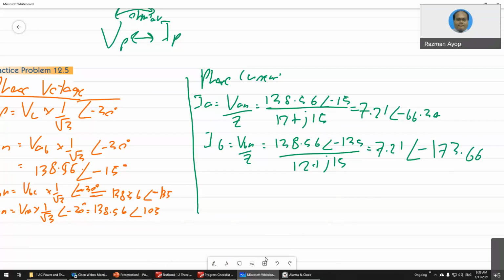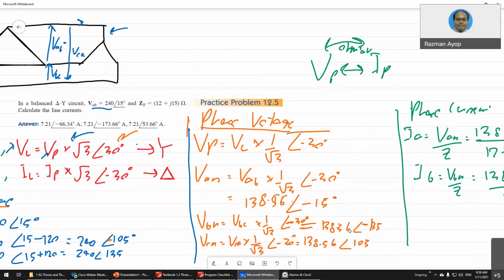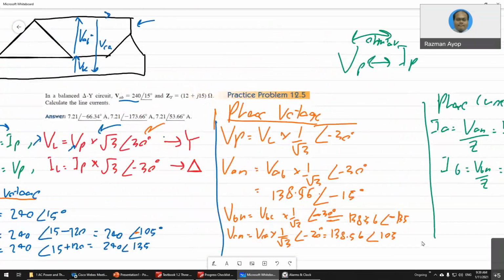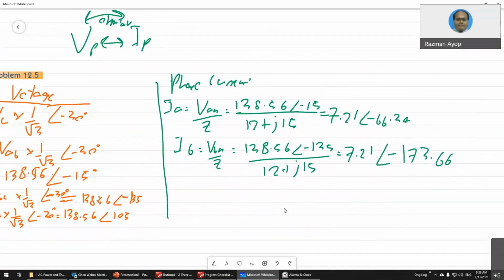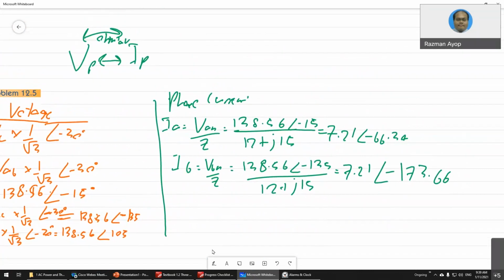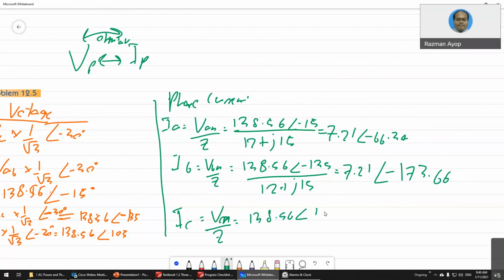So let us check the answer. Is it correct? Okay, same, right? Okay, and IC is equal to VCN divided by Z. So 138.56 angle 105 divided by 12 plus 15J.